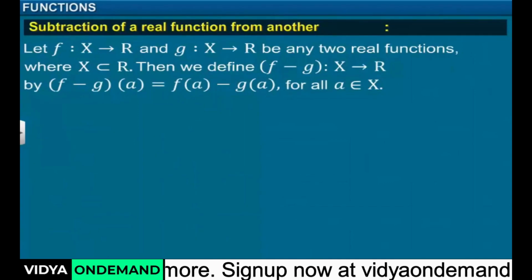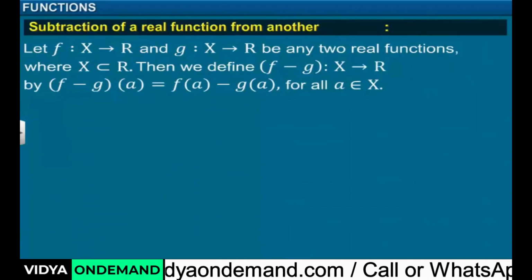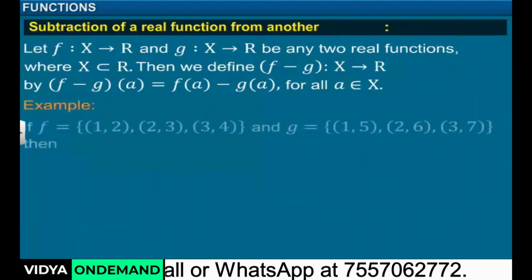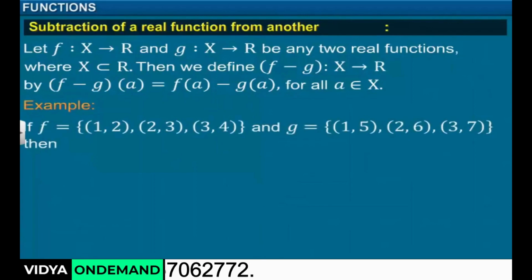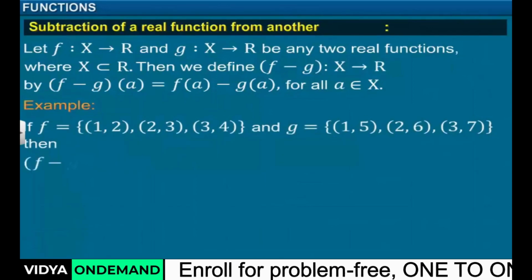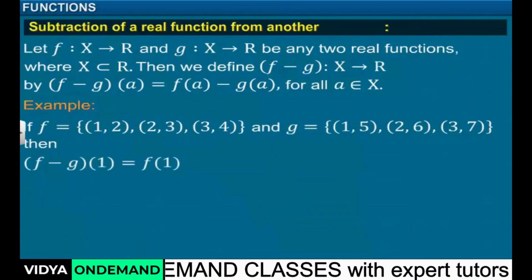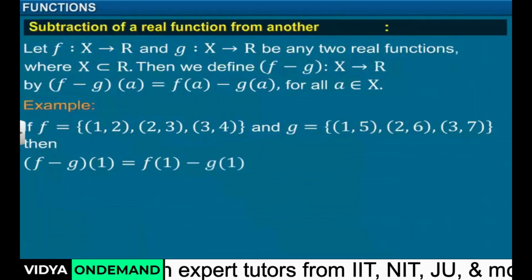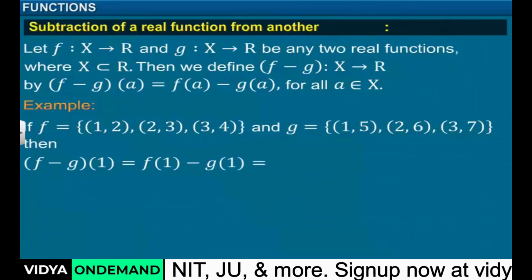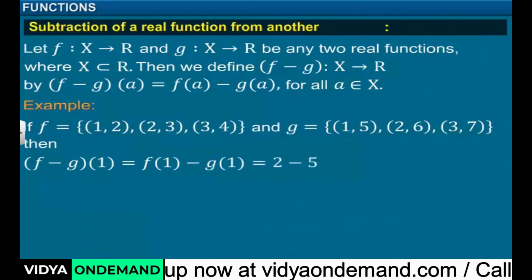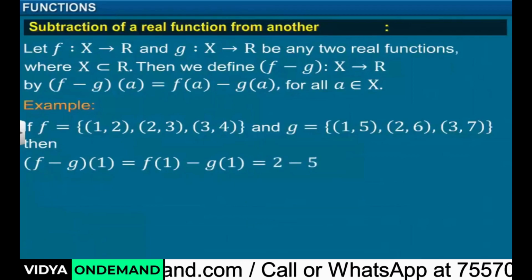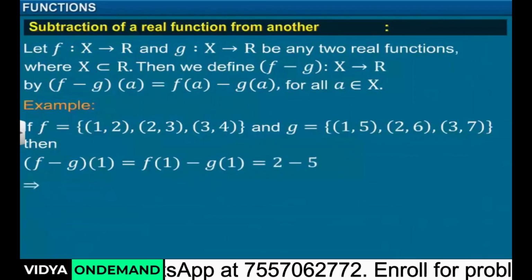Again, let us consider sets f and g as shown. (f minus g) of 1 is equal to f of 1 minus g of 1, that is 2 minus 5. This implies the ordered pair (1, 2 minus 5) belongs to set f minus g.